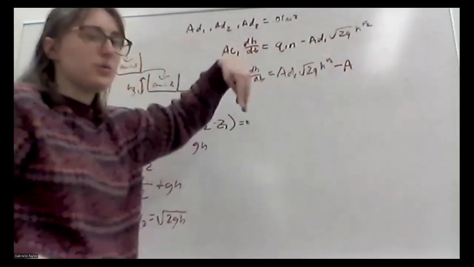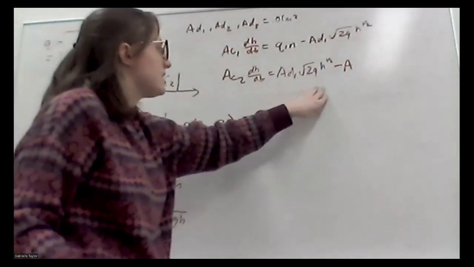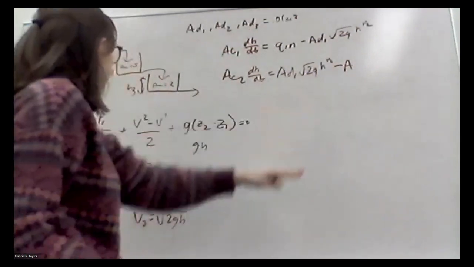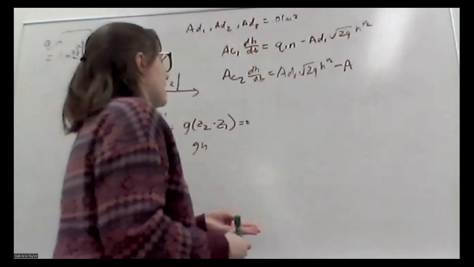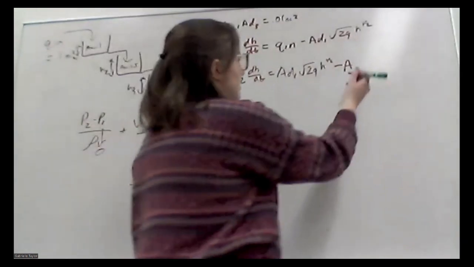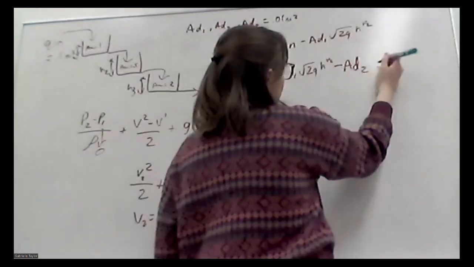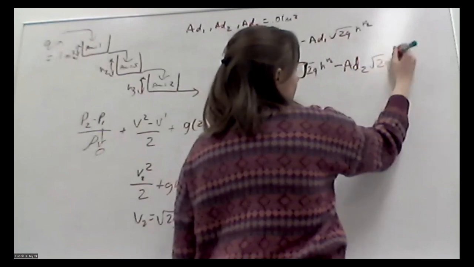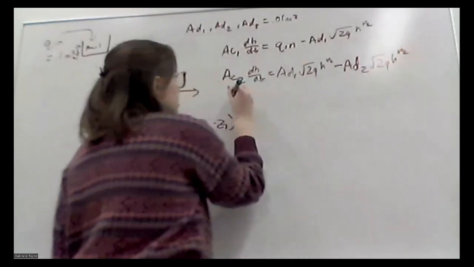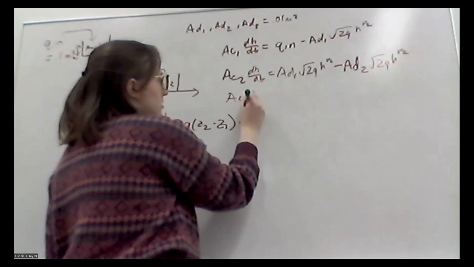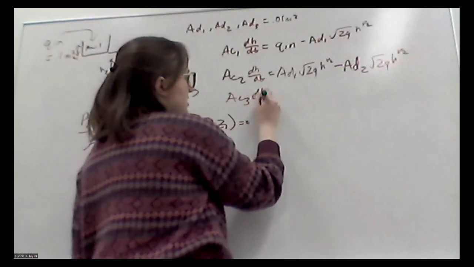What's flowing out of the first is going into the second tank, so this is the liquid being added to the tank. Then we subtract what's leaving the tank. It's the same thing, but with the cross-sectional area of the second, which is 2GH. Then we have our last one, the cross-sectional area of the third times dh3 dt.